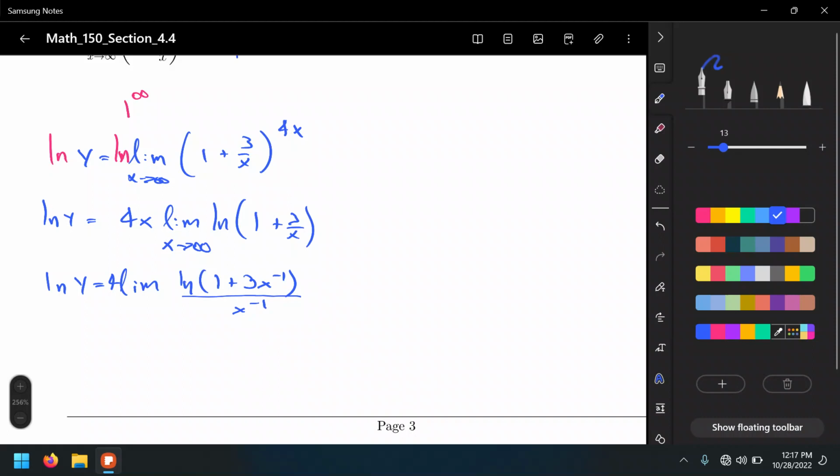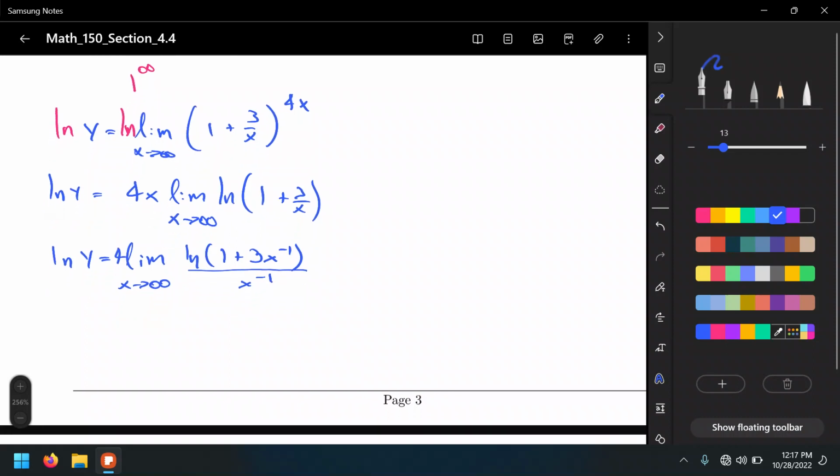And now we have a quotient here, as x approaches infinity. That means we can differentiate. Well, not both sides. We're going to leave the ln y as it is, because L'Hopital's rule only involves the numerator and denominator of the right hand side.